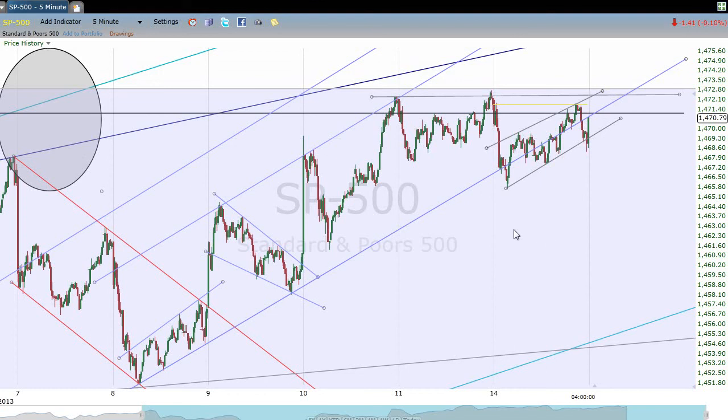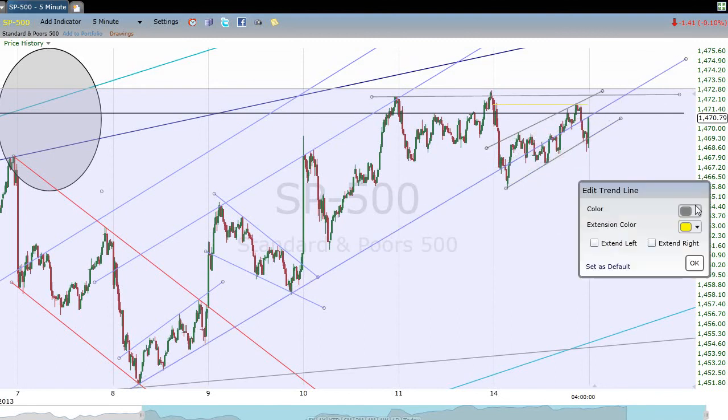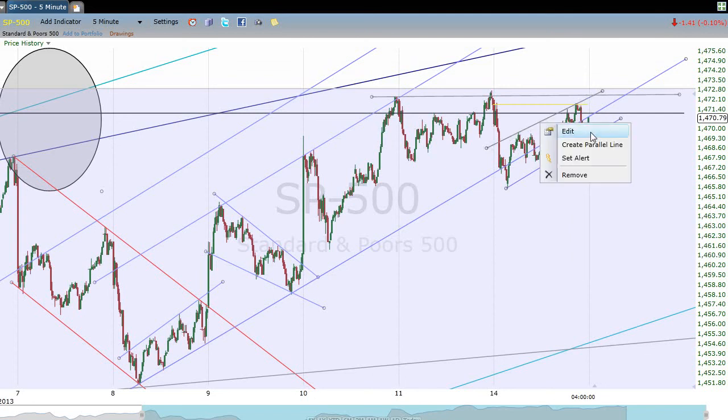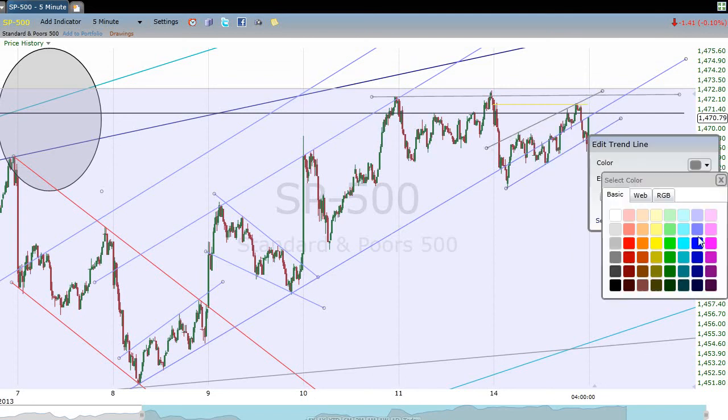That's not a huge percentage, but I find it interesting that this line right here is almost like that little midline that I talk about between these two trend lines that may be defining a bear flag.